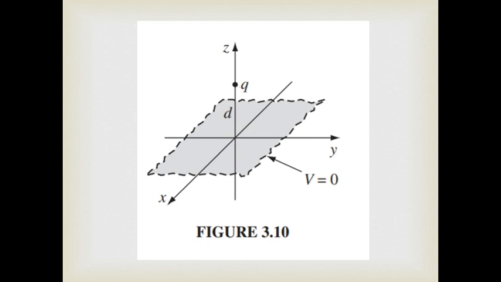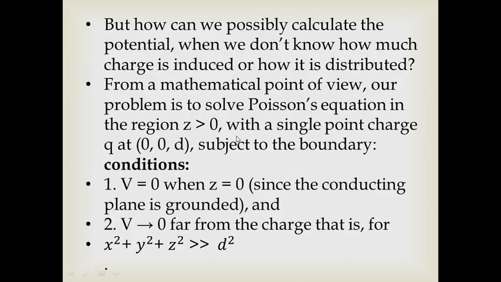Actually, this charge q contributes a potential at point P, and because of this charge q, a negative charge comes to the surface of the conducting plane, and that also contributes a potential at point P. Now we don't know how much charge is going to be induced on the conducting plane and how it is distributed. So because of this, it is difficult to find the potential at point P.